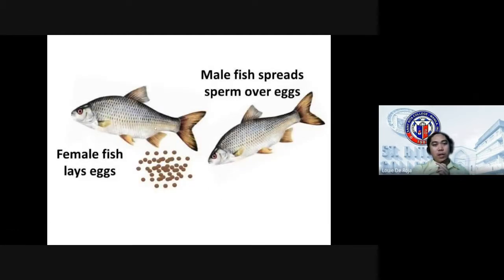Kinakailangan lang dahil may tubig nga, sa tubig lang naman sila. So once released ang female fish ng egg, tatabi na yung male fish para mag-spread ng sperm over this egg. At doon pa lang ma-fertilize yung egg.